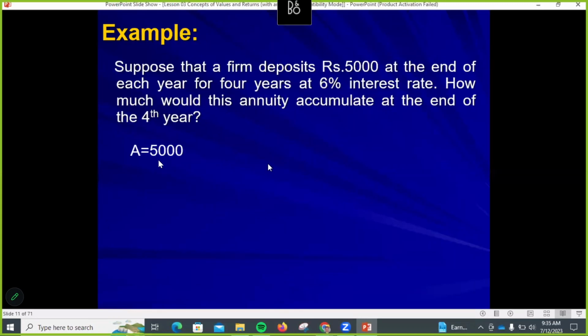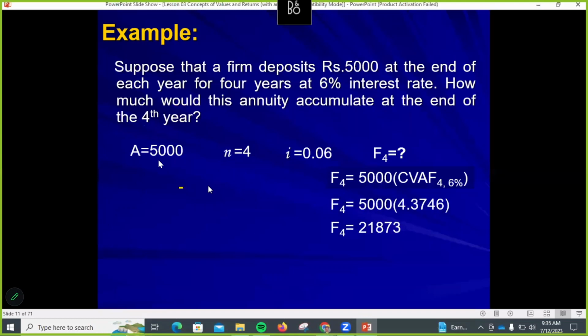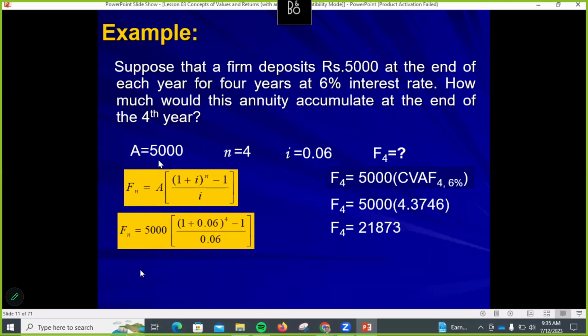Or you can apply any other method, getting this kind of 4.3746. So you can apply the present value, the future value of a lump sum for a 5-period, 4-period, and you can get these figures.